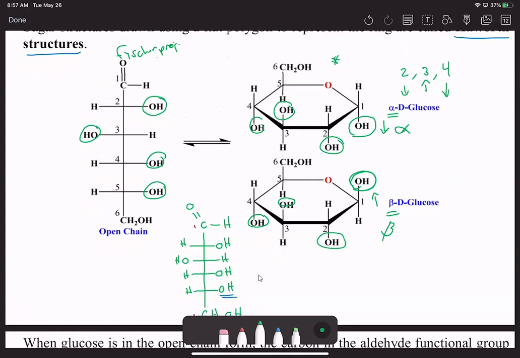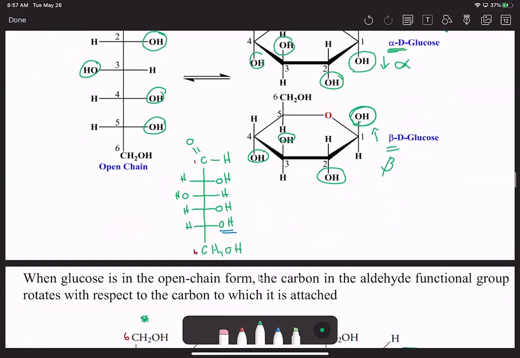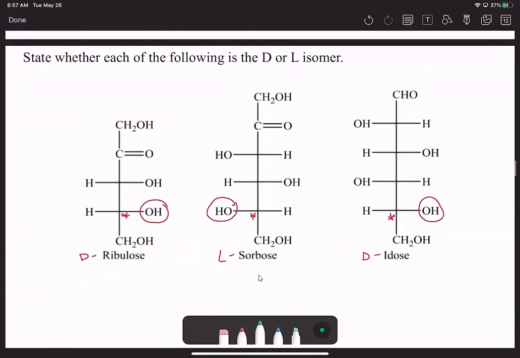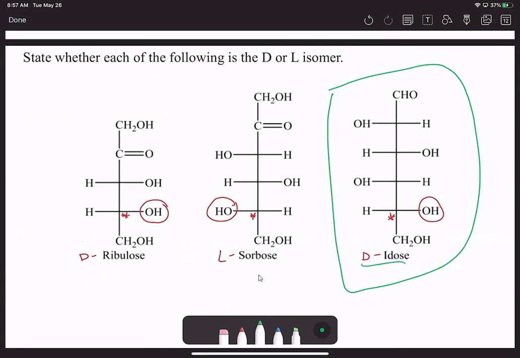You need both in order to determine both of them. So what I mean by that is if we were to look at this structure here, let's take a look at idose. Well, we know it's a D, but is this alpha or is this beta? Well, I can't tell. I have no idea because I don't have the Haworth structure. The only thing I can get from here is whether it's D or L.